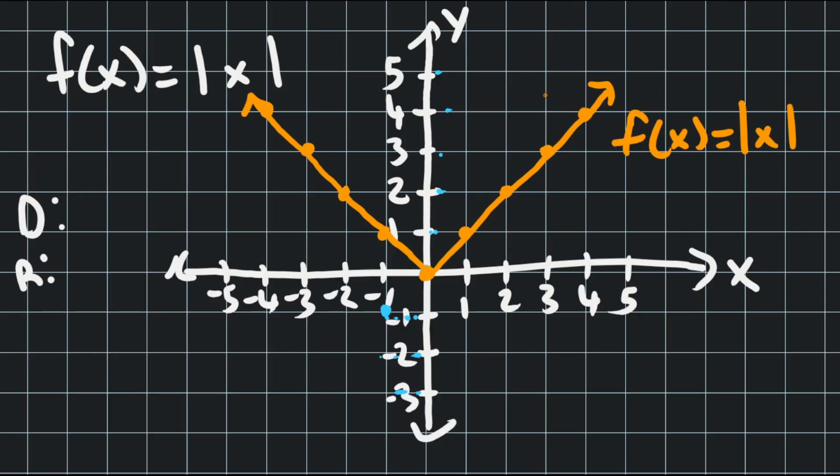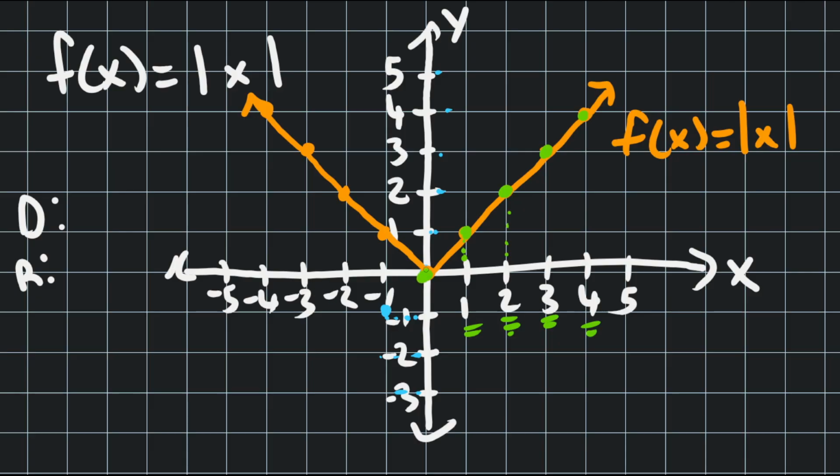Okay, so what's the domain of this function? What x values can this be? Let's just look at some of the x values. We have x equals 1, so it has a place for it right here. X equals 2, there's a place for it right here. X equals 3, there's a place right here. X equals 4 right here, and so on. All the positive numbers.